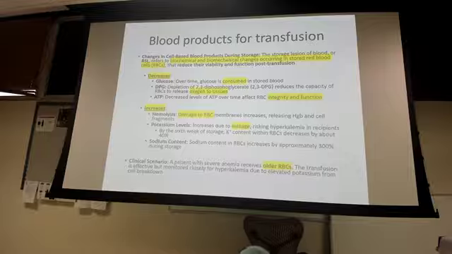Hemolysis can occur because the blood has still been processed, so damage can occur to those cells. The potassium levels actually increase a lot, so this does have a risk of creating hyperkalemia in recipients, and the sodium content also increases due to the anticoagulant that's coating those red blood cells.